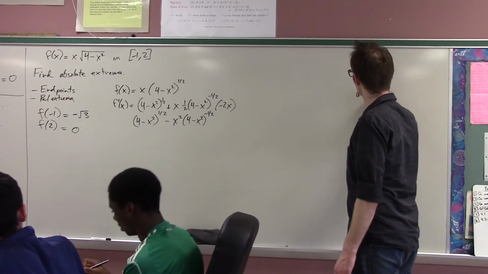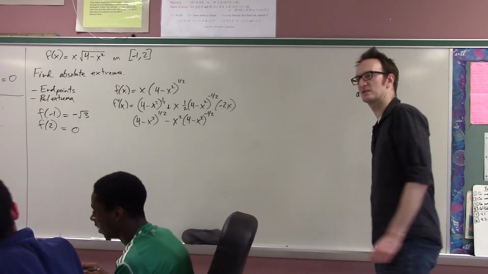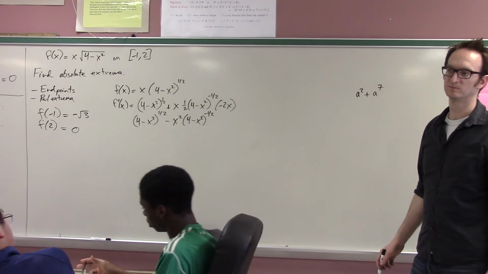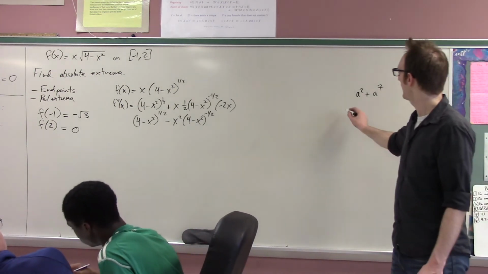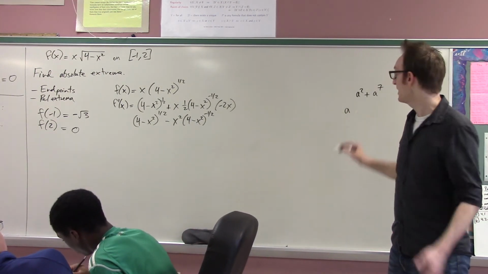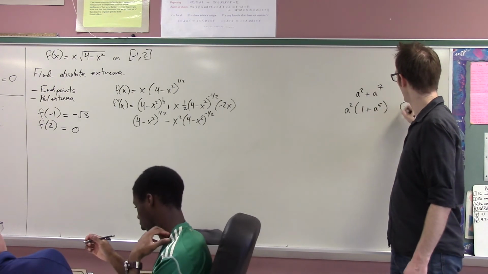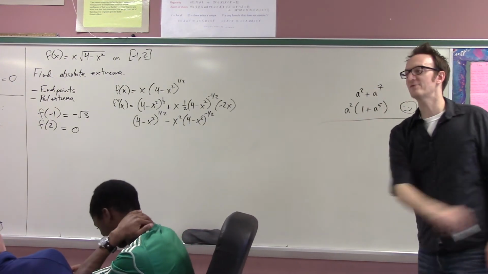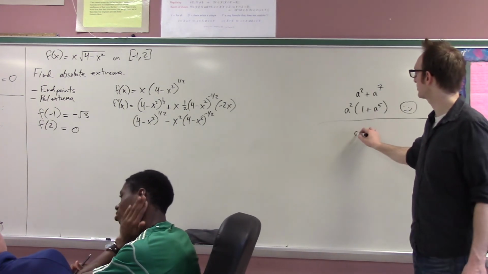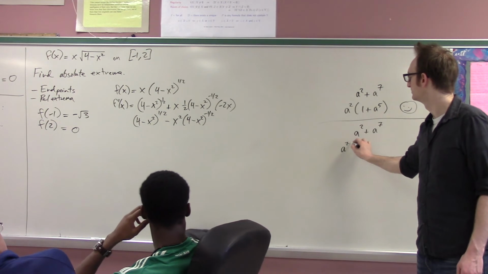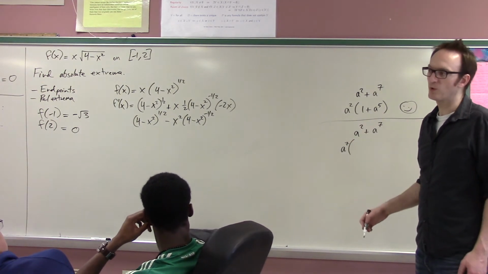So suppose I'm factoring a squared plus a to the 7th. How do you factor that? I should factor out a squared. Because if I do that, I get 1 plus a to the 5th, and now I'm happy. Did I have to factor out a squared? Could I have alternatively factored out a to the 7th? Weird, but sure.